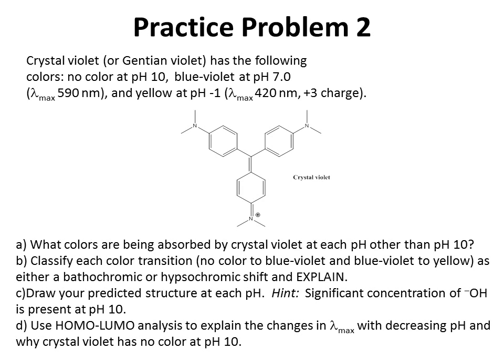So go back and look at the definitions of those 2 terms. In part C, draw your predicted structure at each pH. Hint, there's a significant concentration of hydroxide at pH 10, right? That's 10 to the minus 4 molar hydroxide.